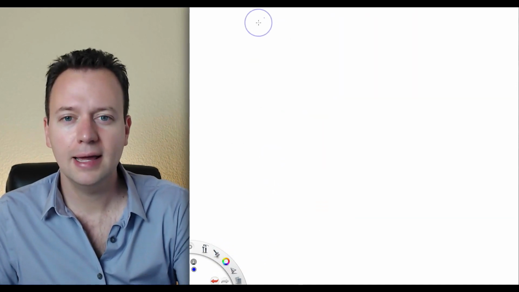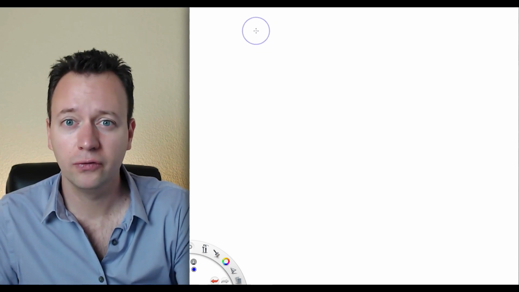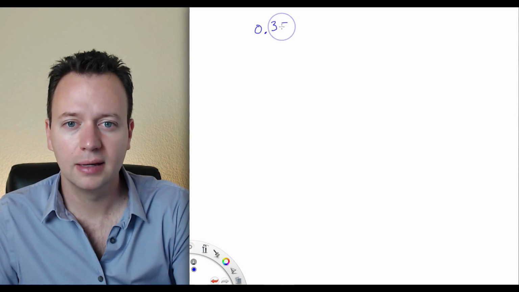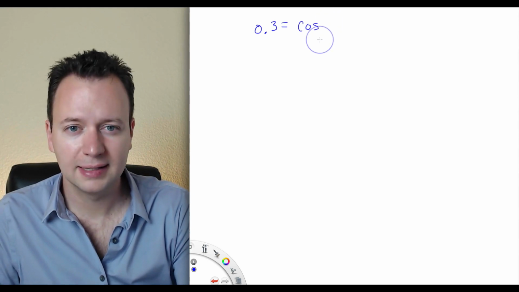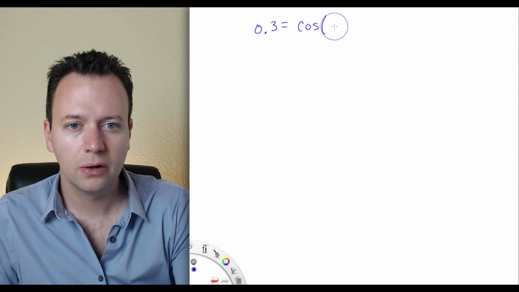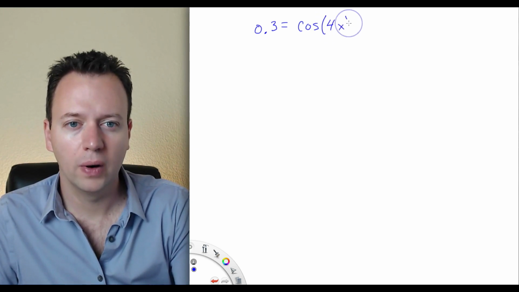So let's say that we want to solve 0.3 is equal to, let's make it sine. Cosine's okay. Yeah, why not? Cosine of 4x.